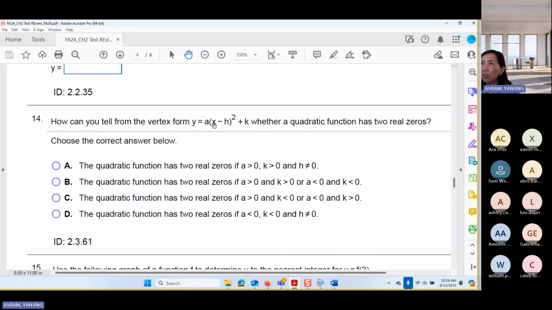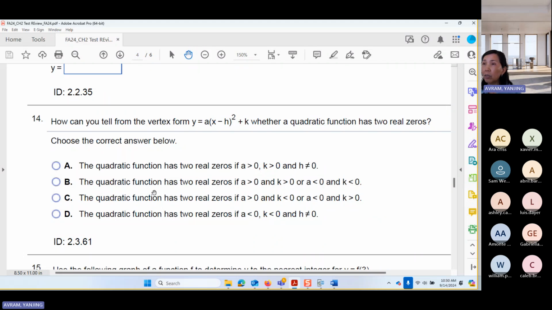When a is positive, that means facing up, and h is not 0, so x minus h won't be 0. So a is apparently okay. Let's see if it's complete or not.